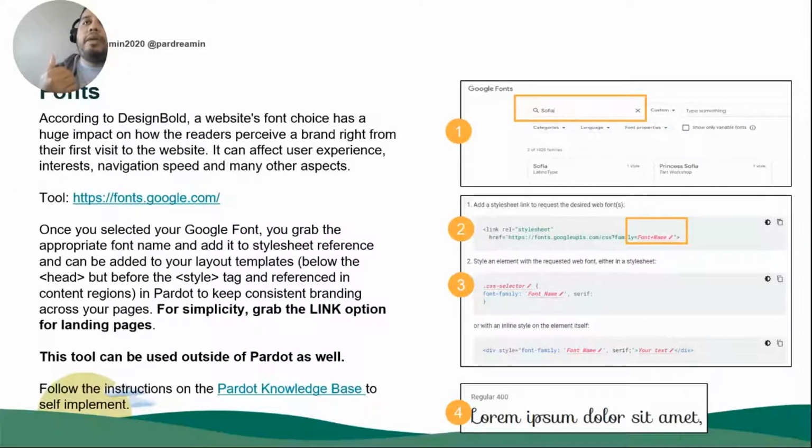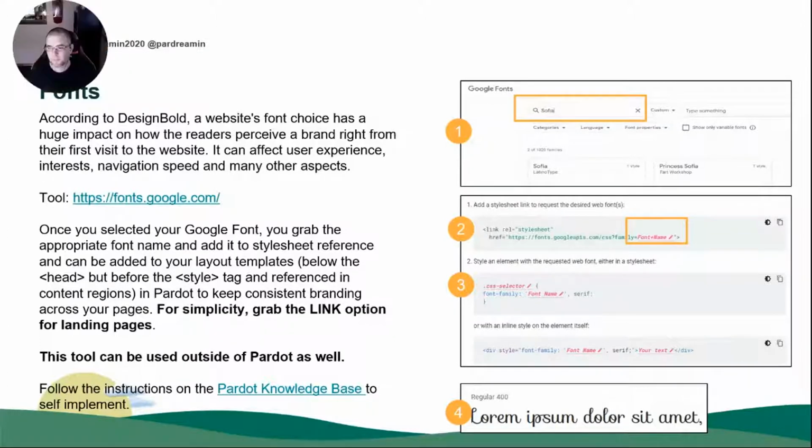Then on number 3 here, we have 2 ways to actually make the font look the way that we want. We can call out a class and say pretty much all of our font on our landing page is going to look like this. Or on each paragraph, we can add this tag that's on the bottom that says, reference the font from the very top, and then add it to this particular section.